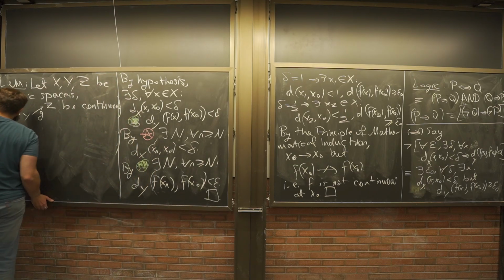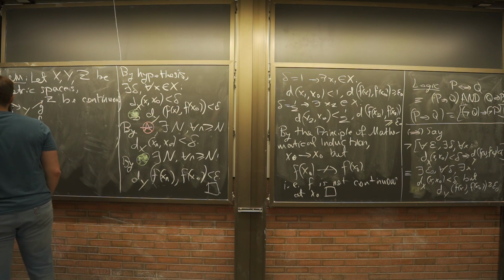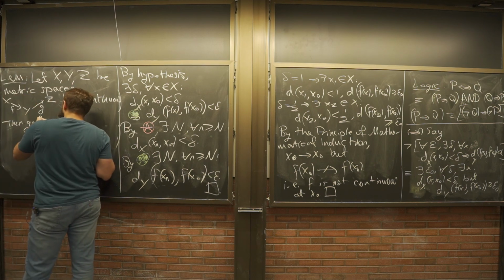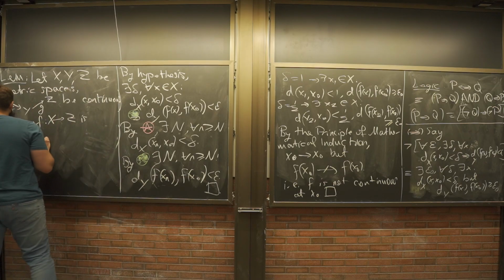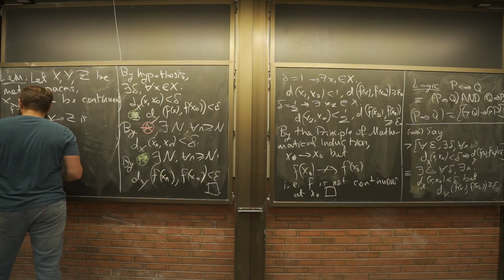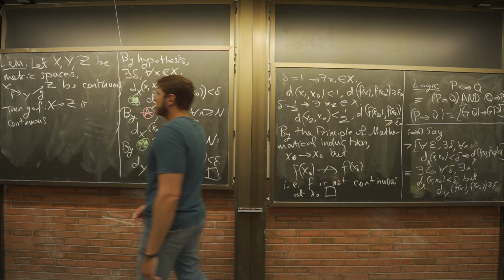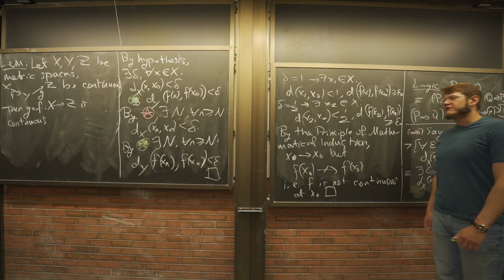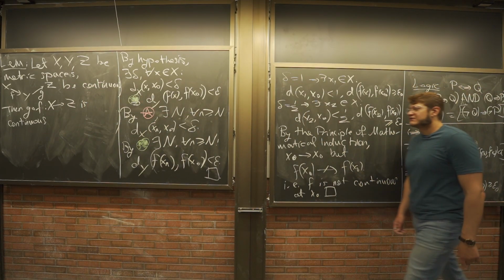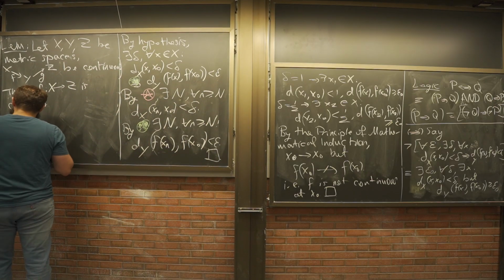Then g composed with f from X to Z is continuous also. If you want to write this in short, you can just write, if f and g are in C0, where C0 is the set of continuous functions, then g composed with f is continuous.